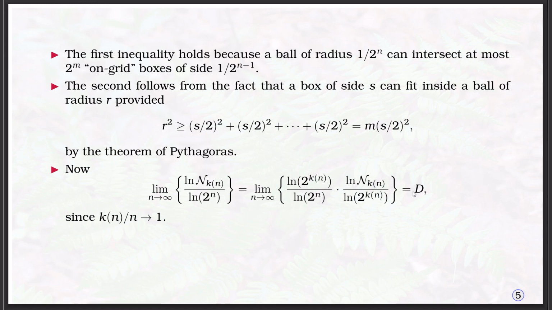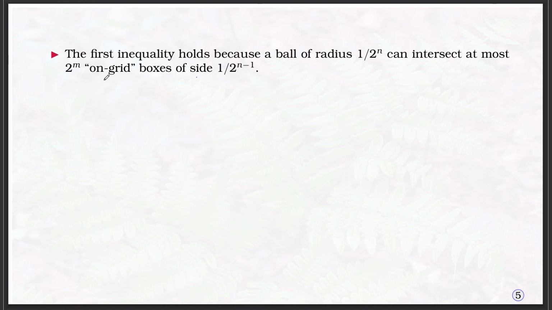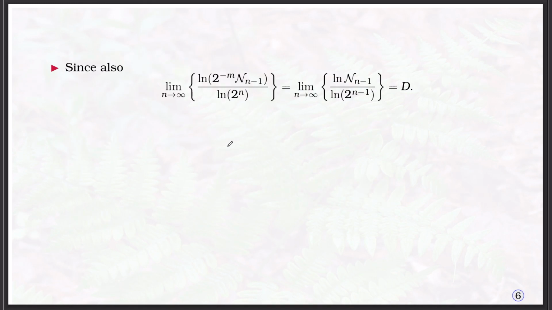For the second one, now you can come to the second inequality. Limit as n tends to infinity of ln 2 power minus m times N of n minus 1 over ln 2 power n equals ln N of n minus 1 over ln 2 power n minus 1, as n tends to infinity, which is equal to d.